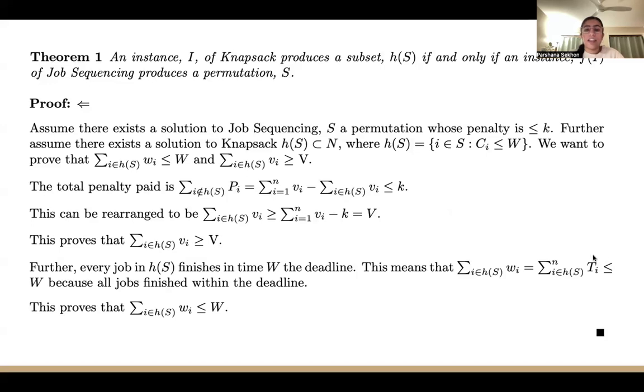We know that they are less than or equal to W, because the summation of all those times, kind of like how we showed in our checking algorithm, was the way we were calculating the cumulative time, by adding the execution times. So we know that is less than or equal to W because H of S are the jobs that finished in time. Thus, we have shown that the summation of W_i is in fact less than or equal to W. And we have proved what we wanted to.